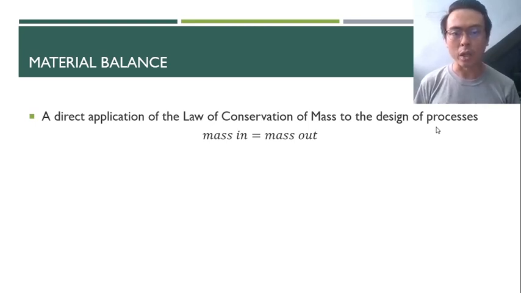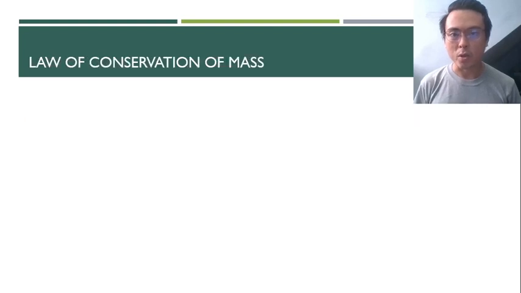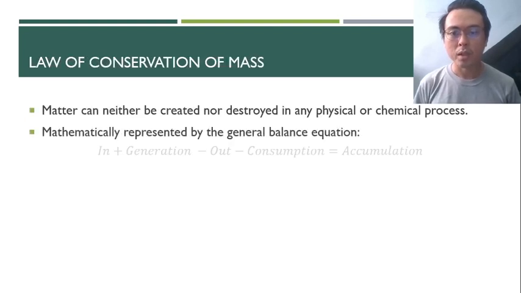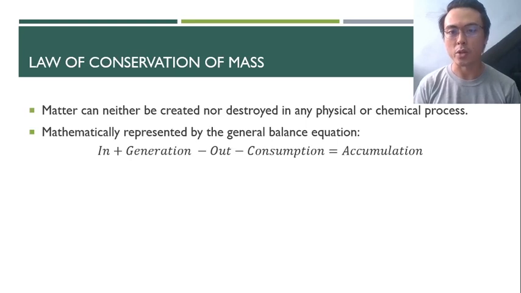If we want to take a look at the bigger picture, the material balance process is actually this whole equation. It's mathematically represented as inputs or in, plus generation, minus outputs or out, minus consumption, equals accumulation. The law of conservation of mass states that mass can neither be created nor destroyed in any physical or chemical process.